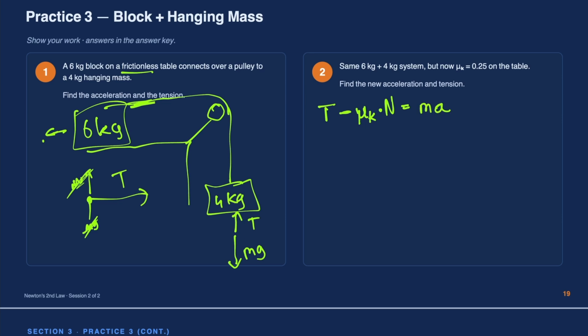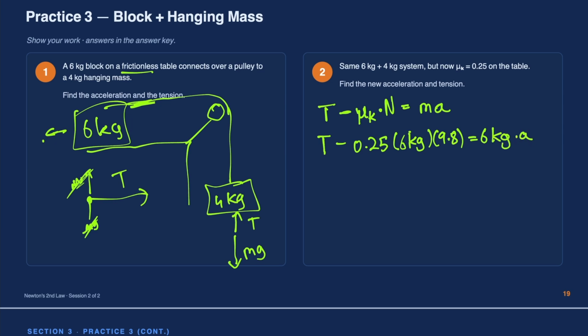So tension minus mu k, which is 0.25, and then the normal force in this case is going to balance out with mg, because it's not sinking through the table or being pushed up. So mg here would be 6 kg times 9.8, and that's equal to 6 kg times acceleration.